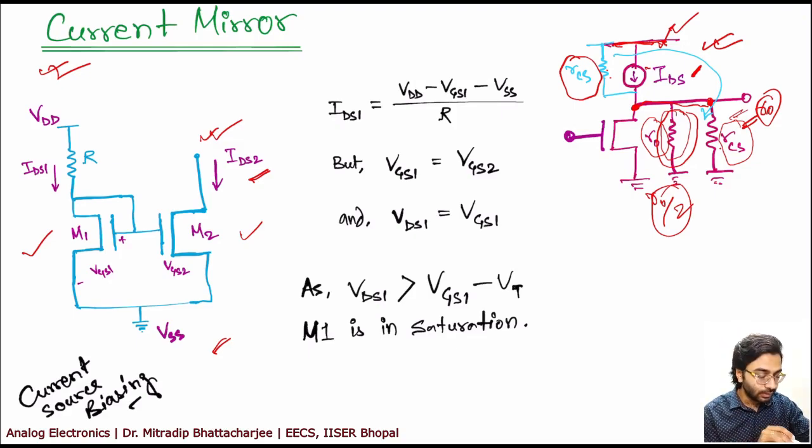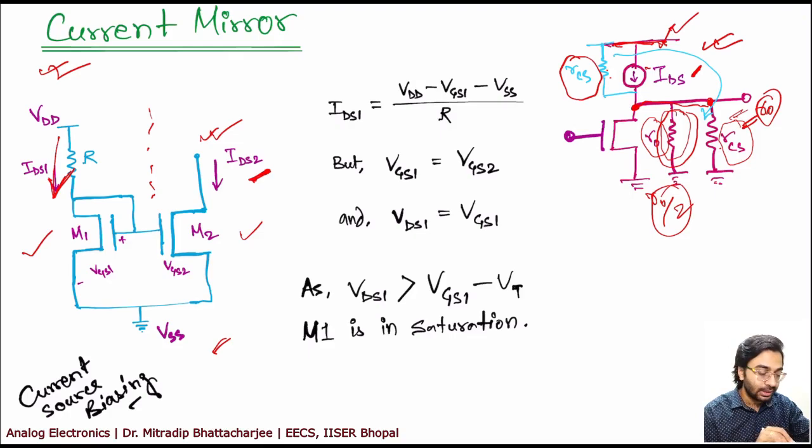So what happens is, in this circuit, IDS value is related to the current flowing through this one, that is IDS1. Whatever the value of IDS1 will be reflected in IDS2, just like a mirror. So you can consider here a mirror. Whatever you are fixing here will be reflected in this branch. That's why it is called current mirror.